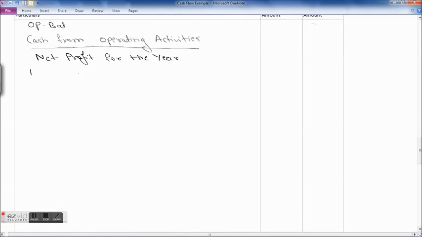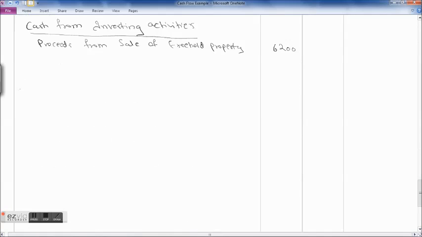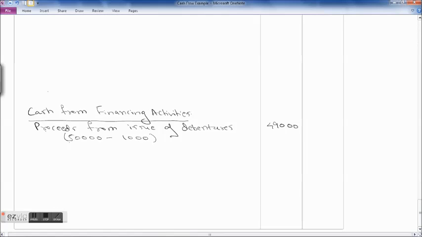Now add interest on debentures, 2,000. You have to add it back to your net profit since it's a financing activity. Then in cash flow from financing activity, you put interest on debentures. Since this is an outflow, we are reducing it, negative 2,000.